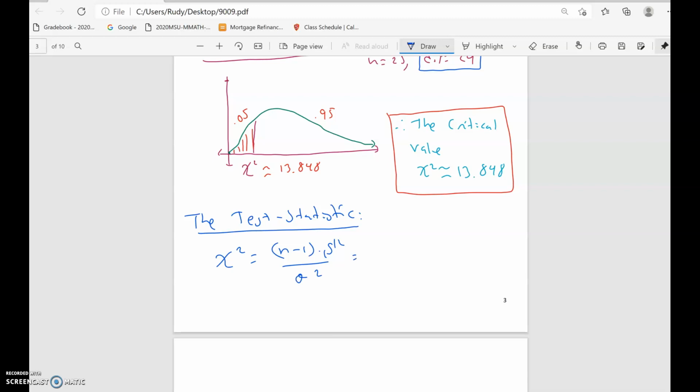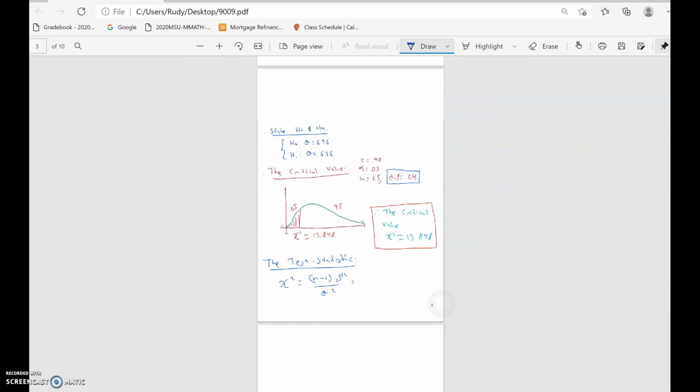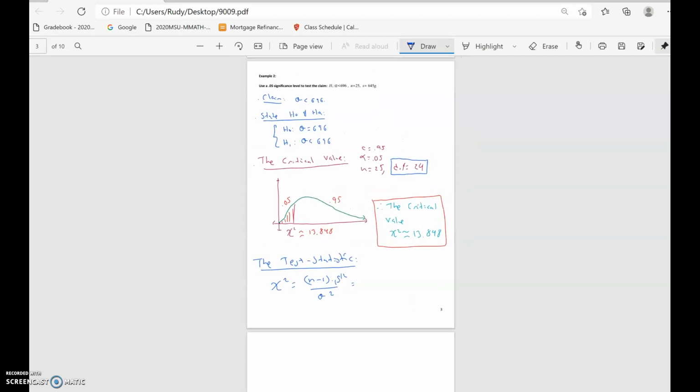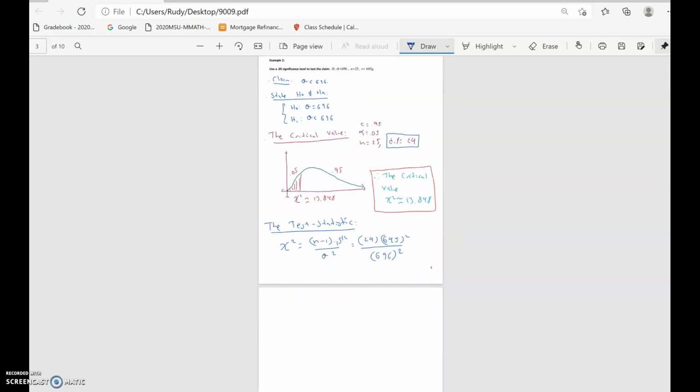In this case, the values are given on the top. So we're going to have 24, s is 645 squared, over 696. In this case, we are going to have the squared, unlike the previous problem.